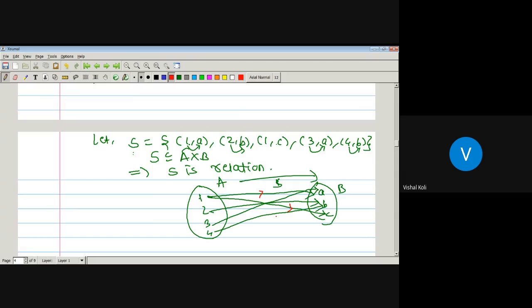Since the definition of function says that each element in A has a unique image in B, but there is one element small a belonging to capital A which is mapped onto two elements, that is a and c.